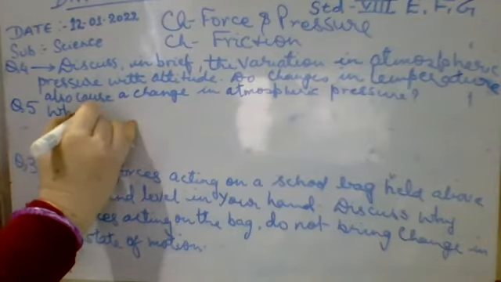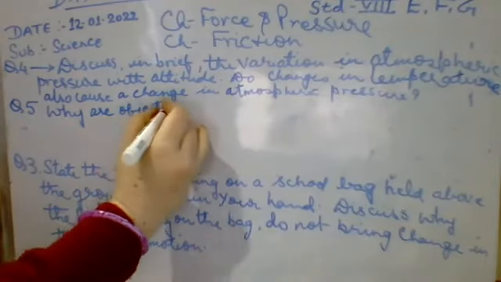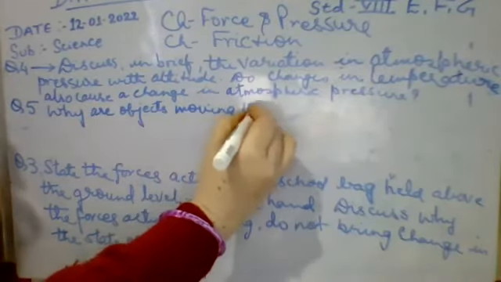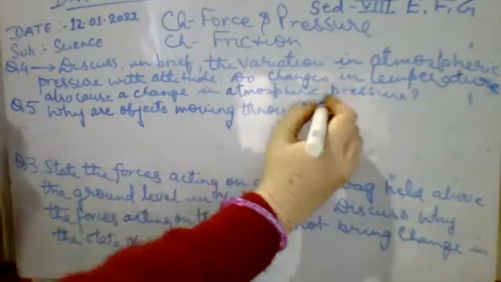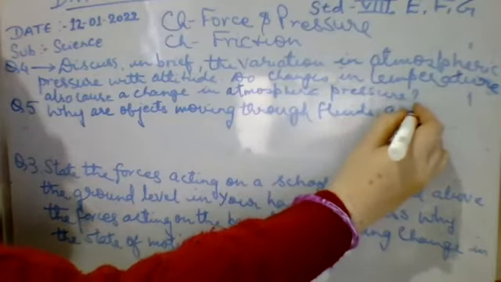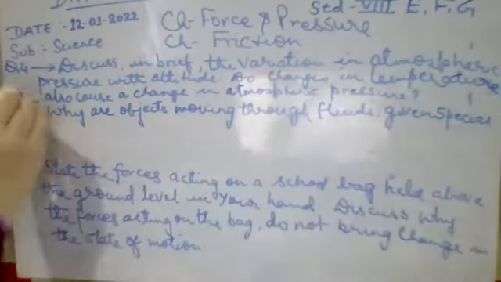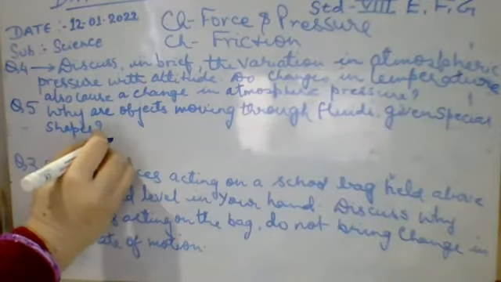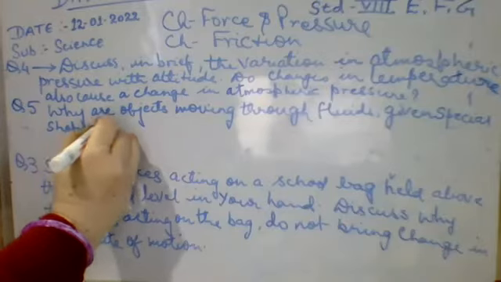Why are objects moving through fluids given special shapes? What is the name given to these special shapes?